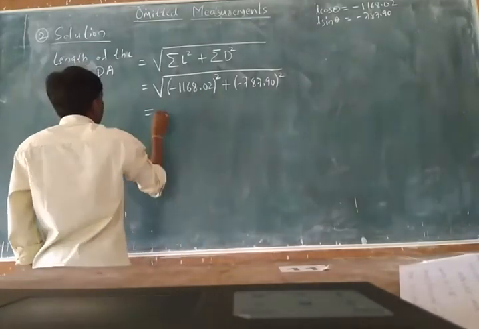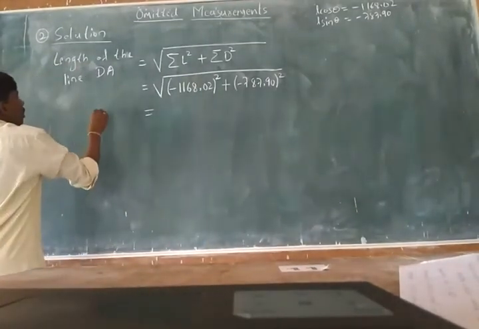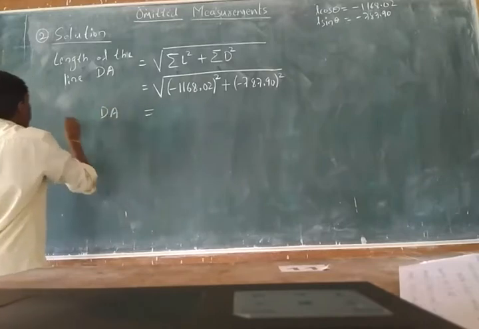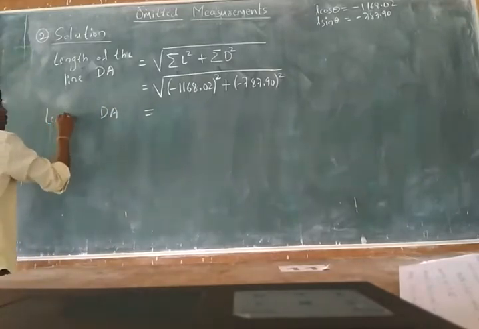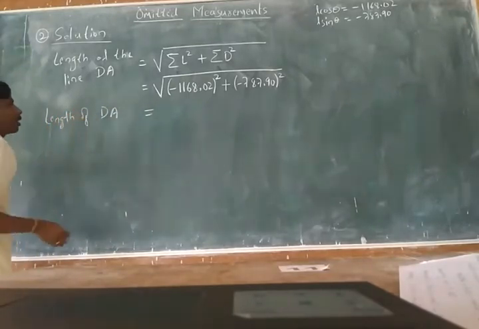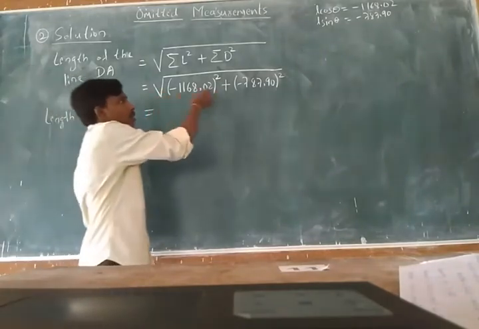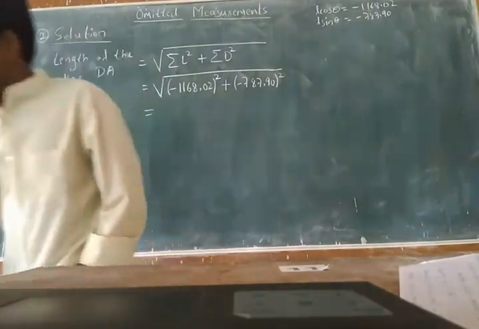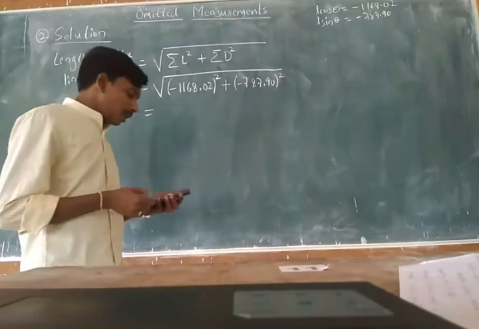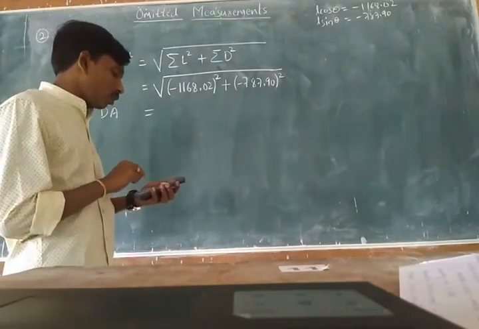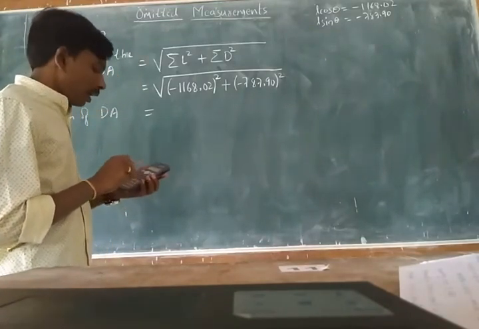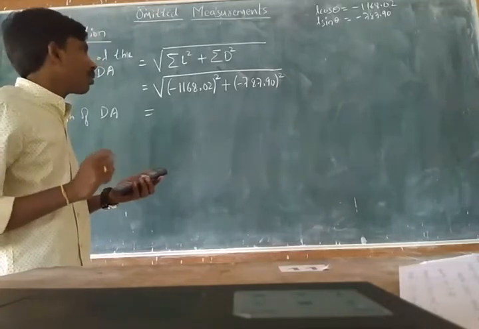Now the length of DA is equal to, let's solve the substitutions. Hit the button, square root, then open a bracket and again once more open the bracket.